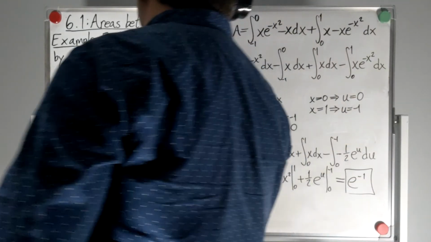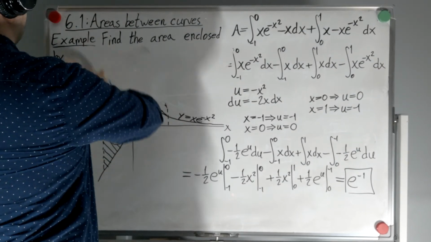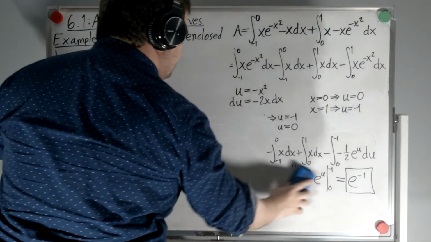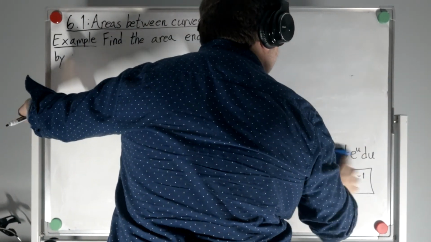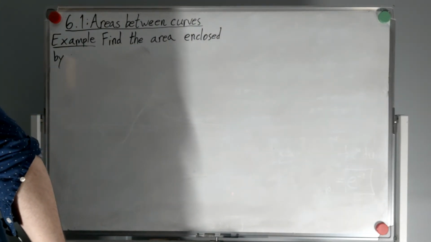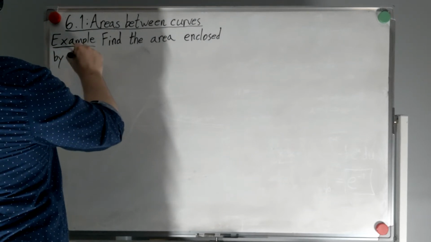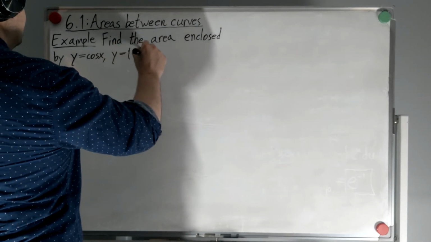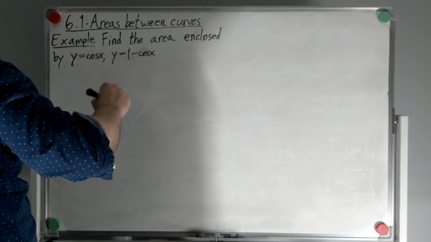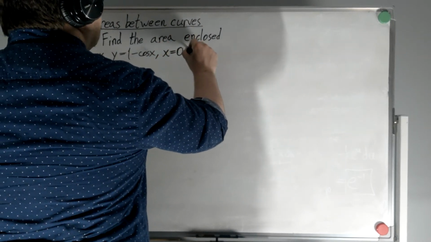And let's do one more. For this one, we're going to try to find the area enclosed by y equals cosine x, y equals 1 minus cosine x, from x equals 0 to x equals pi.